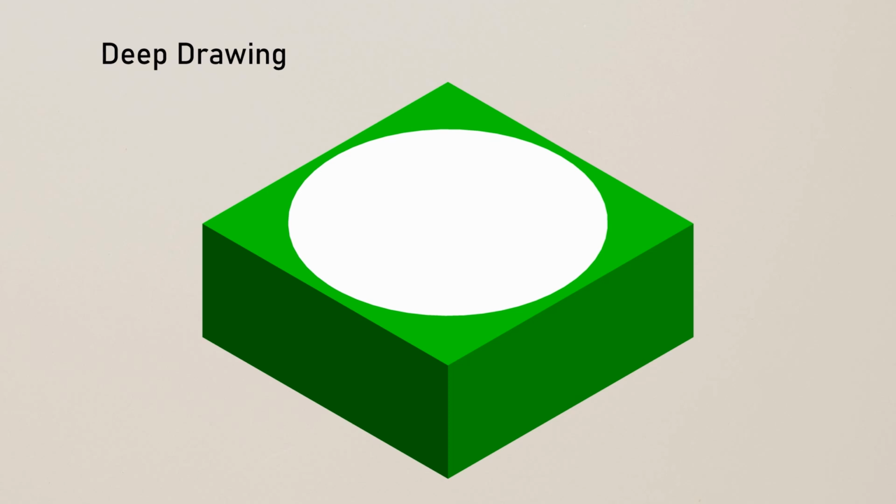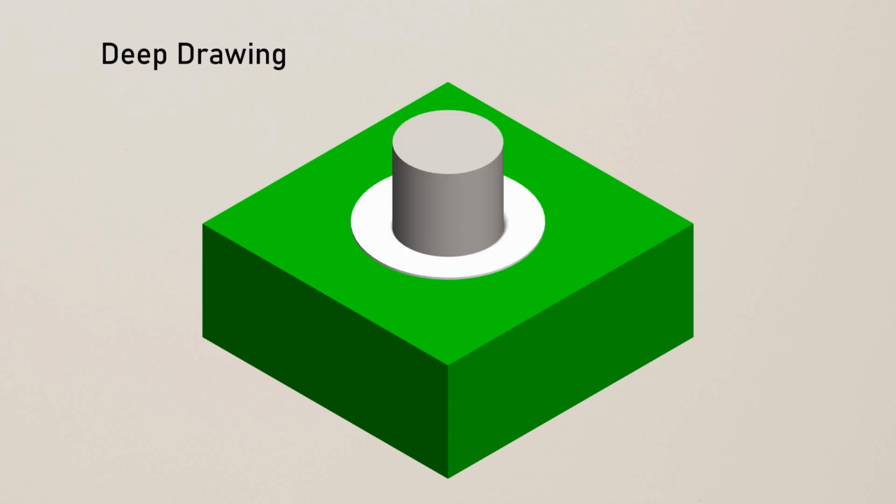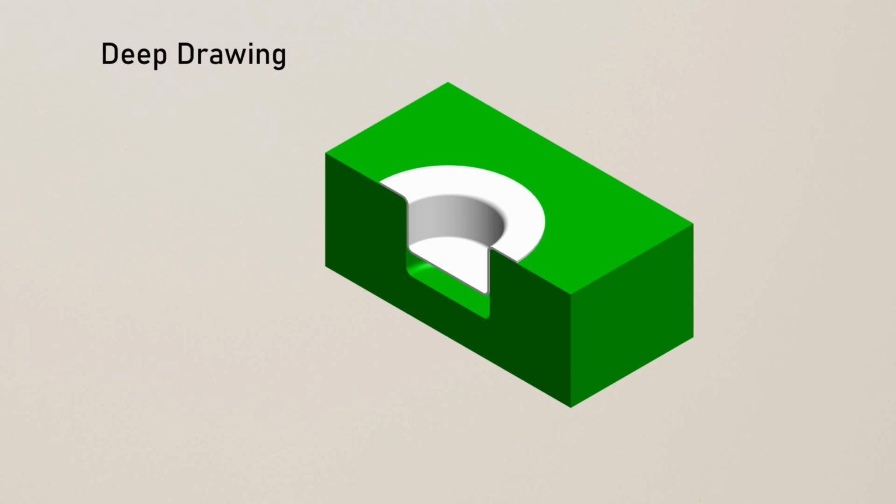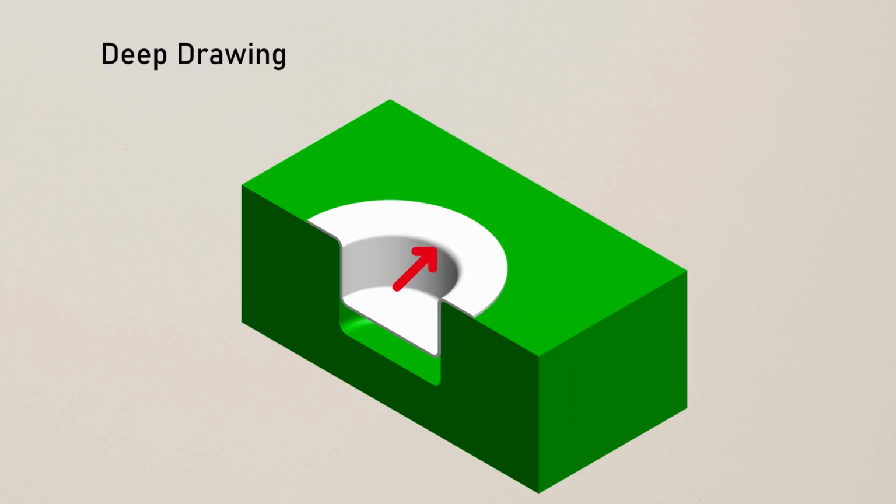Now, when the sheet is pulled into the die, the flange region, the sheet metal around the die shoulder, experiences two types of stress. One is radial drawing stress. This is a stress directed towards the center as the material is pulled into the die, and one is tangential compressive stress.